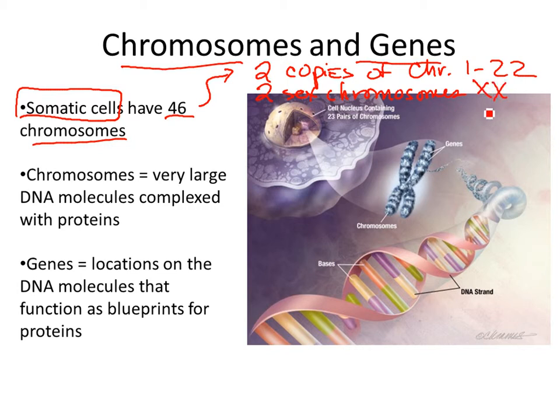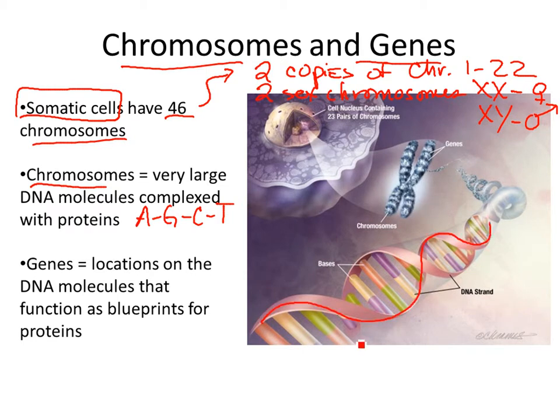For sex chromosomes, you've either got 2 X chromosomes, which makes you a female, or an X and a Y chromosome, which makes you a male. And as you've learned before, chromosomes are very large DNA molecules. DNA molecules are chains of A, G, C and T nucleotides, and 2 of those chains or strands are bonded together and twisted to form this double helix shaped molecule that you see here.